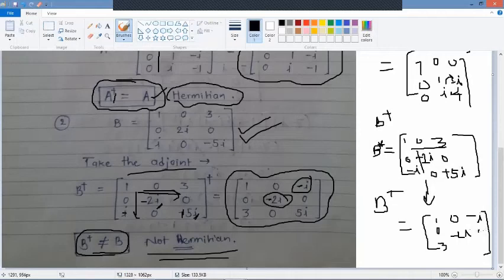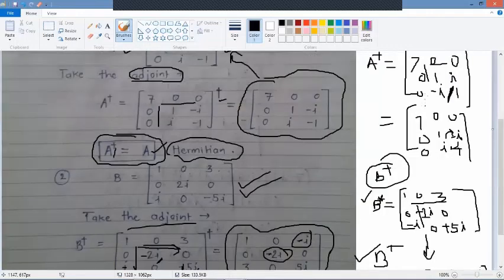And this is 0, this is 0, and 5i. So this is the complete process of the adjoint. First of all take the complex conjugate and then take the transpose of the given matrix.